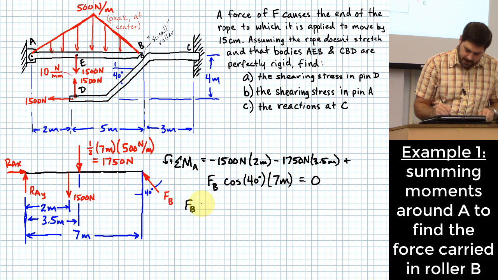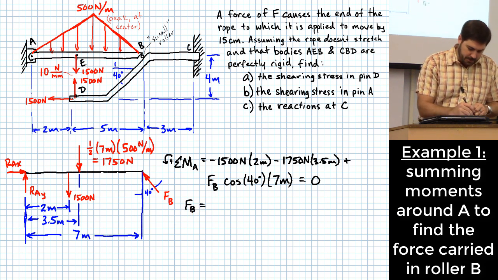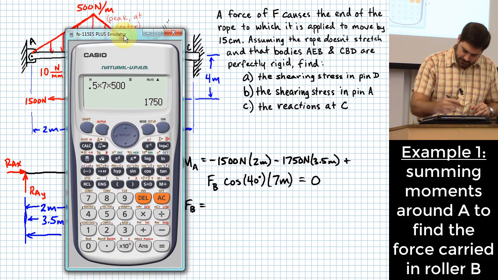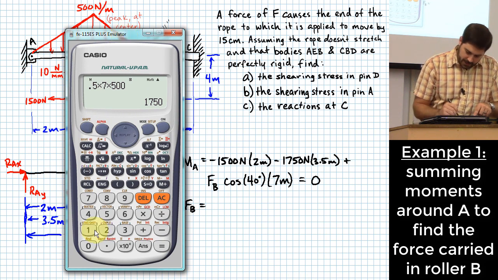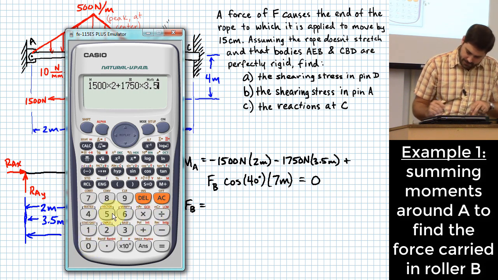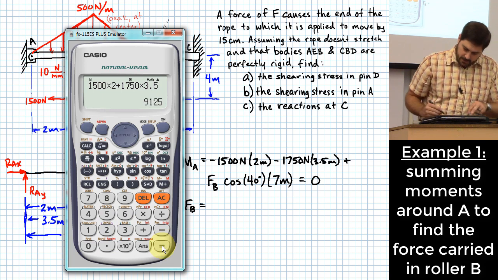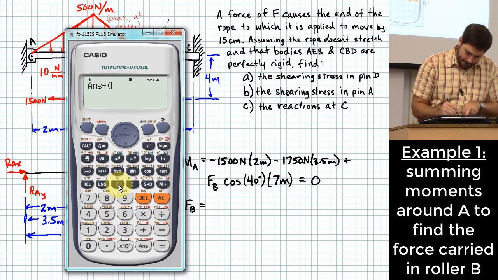Okay, FB now is going to be equal to 1500 times 2 plus 1750 times 3.5, that value divided by the cosine of 40 degrees times 7.